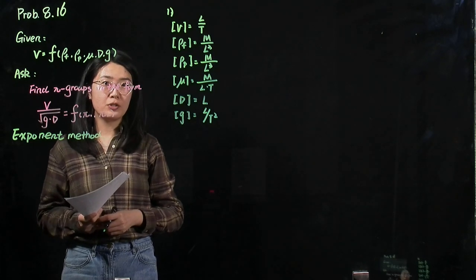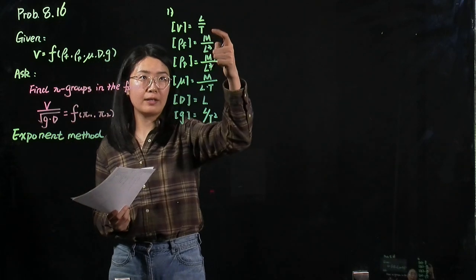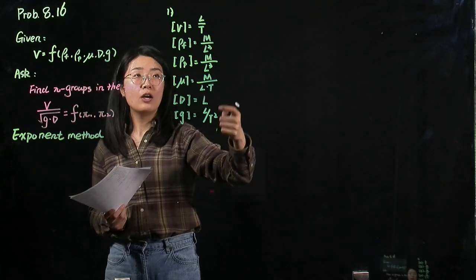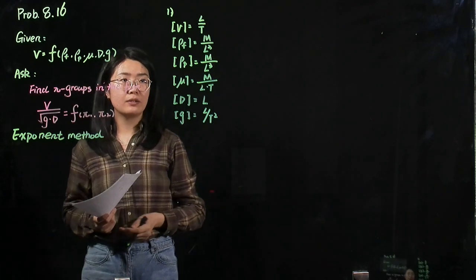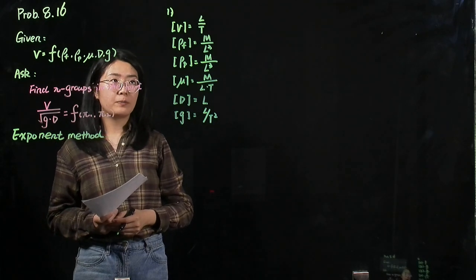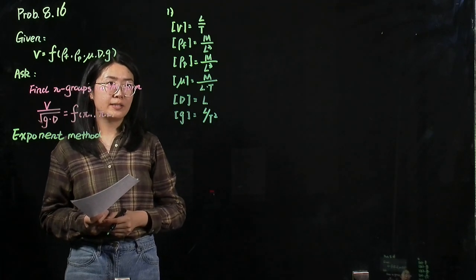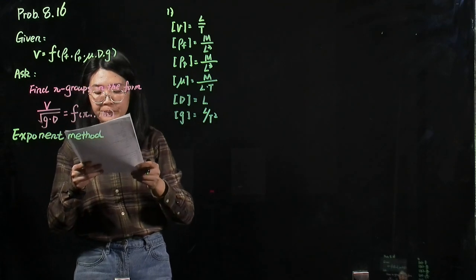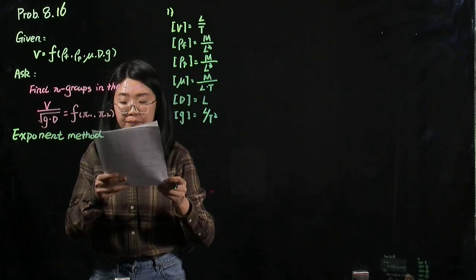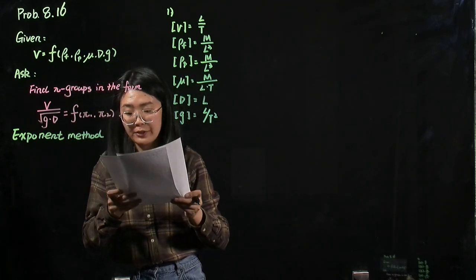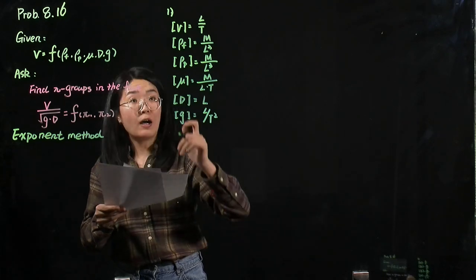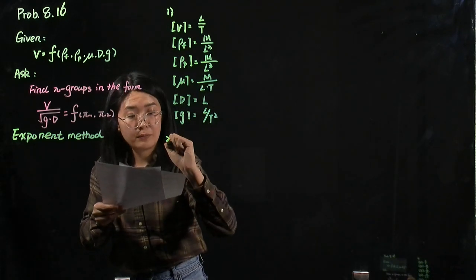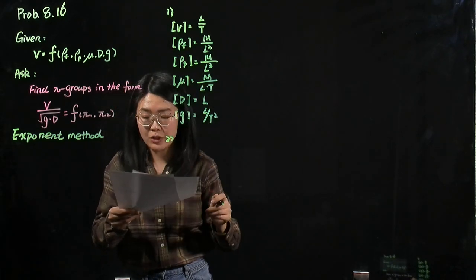But if we want to identify, because we have 6 variables here and 3 dimensions, the number of pi groups in this problem will be 6 minus 3. It equals 3, right? And then we want to form the product with dimensions.